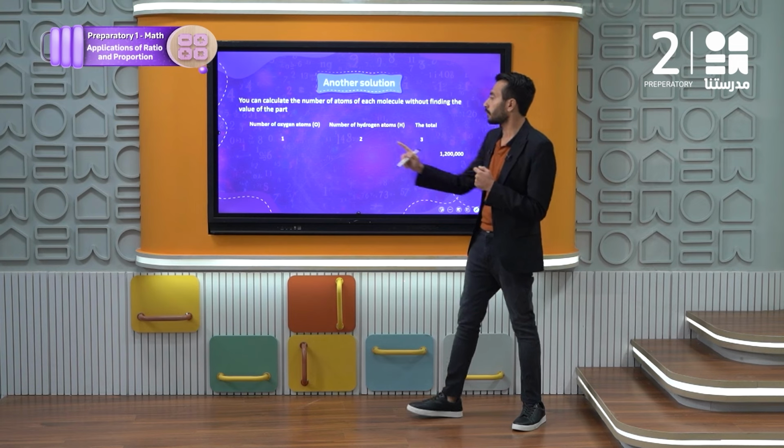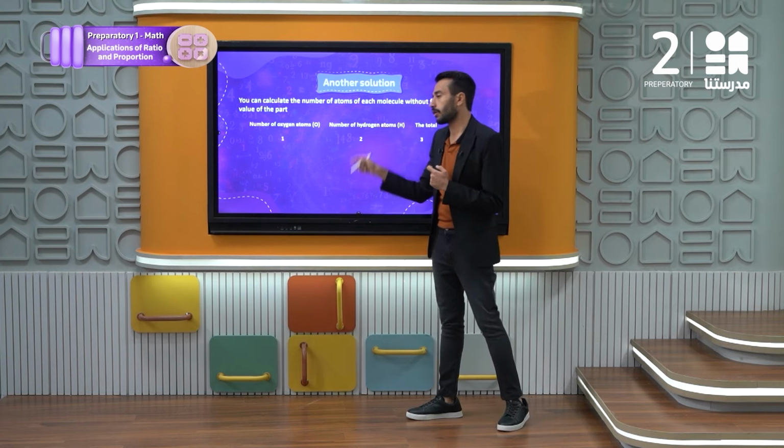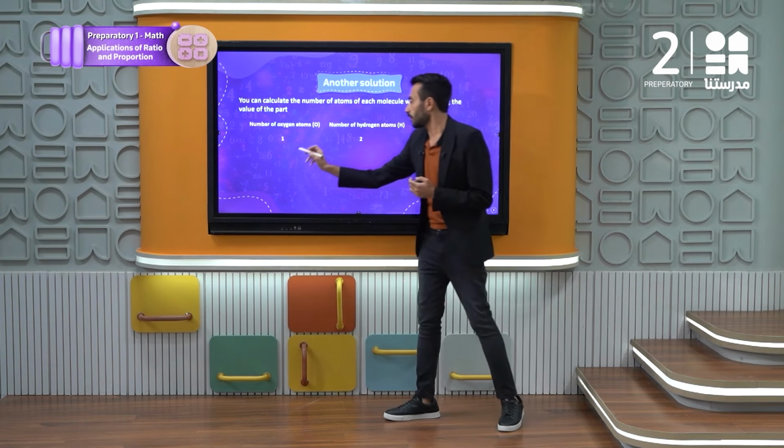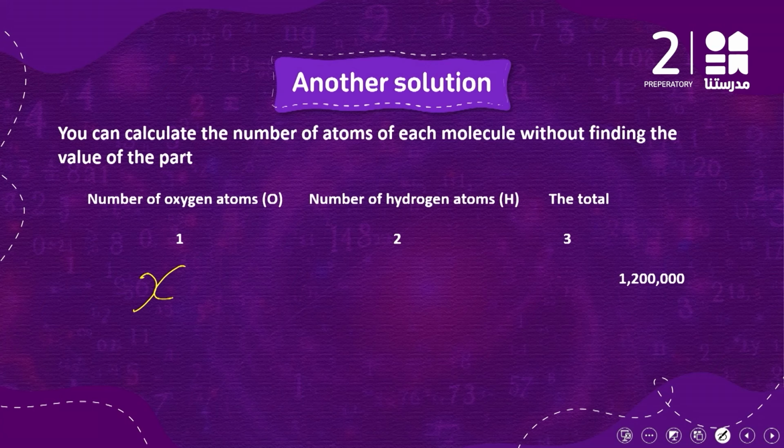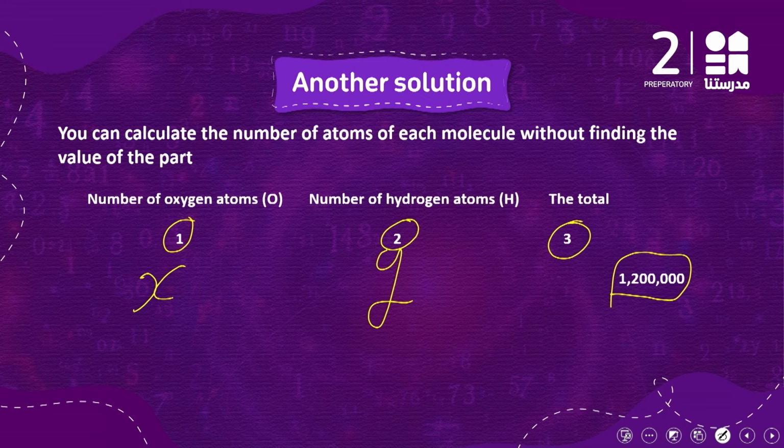Now let's start to solve to find oxygen and hydrogen. You can name this unknown as X, and you can name this unknown as Y. By the way, to understand this part in a better way, if you have 1 oxygen and 2 hydrogen and the total is 3, what if you have this amount, how many oxygen and hydrogen are in it?